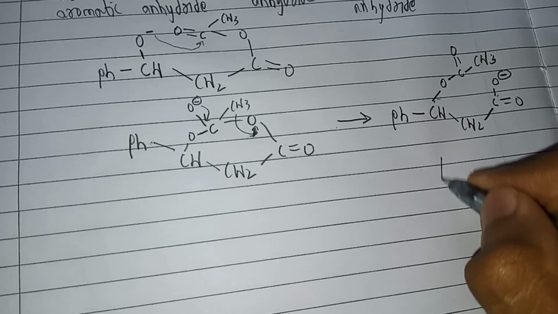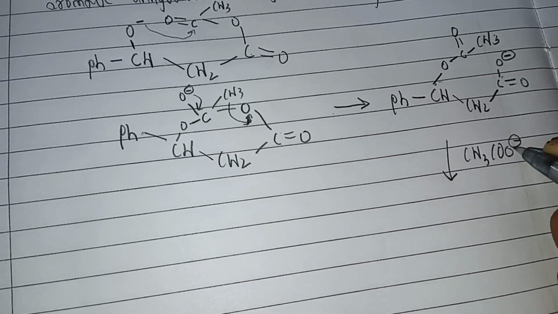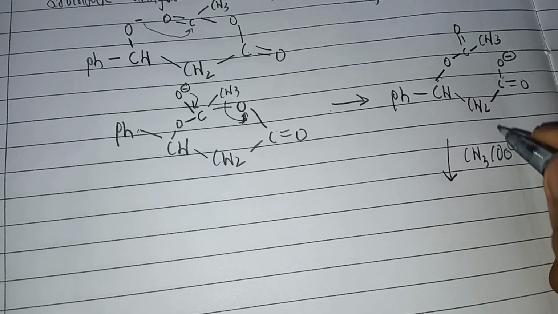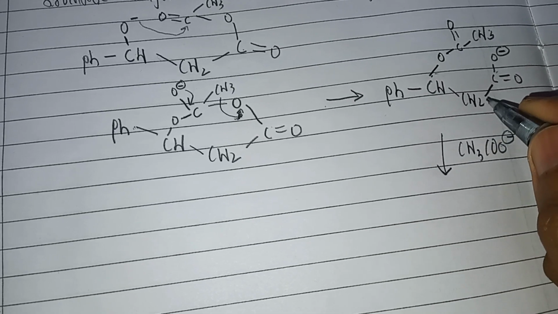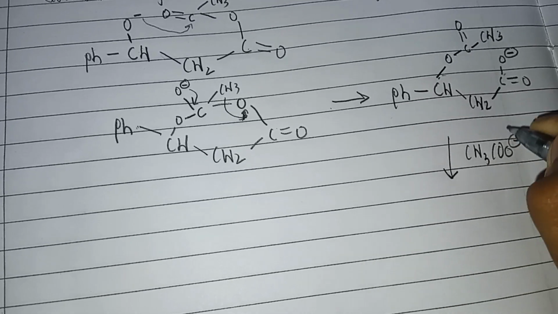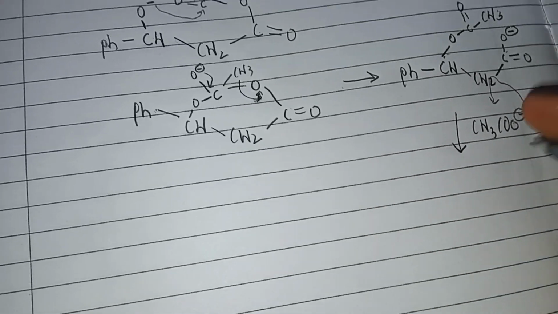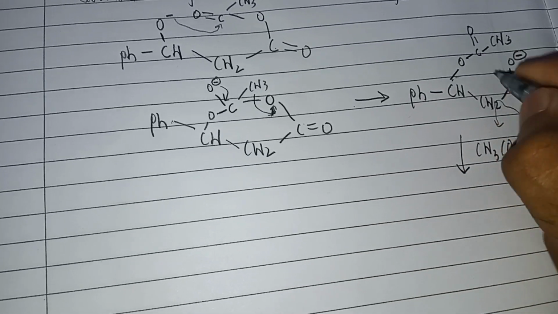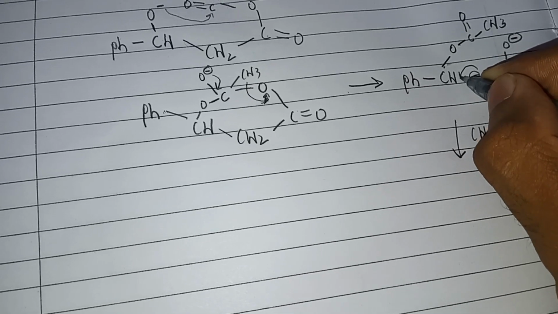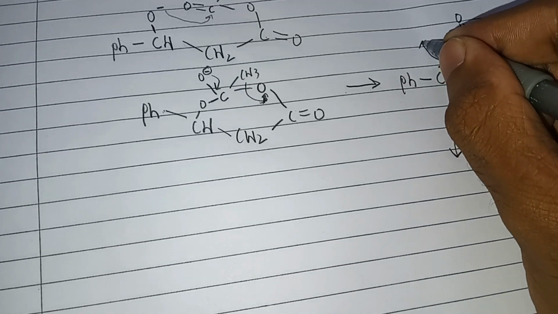Now also CH3COO minus attacks one more time to abstract the acidic hydrogen that is present here. So this acidic hydrogen would be abstracted by this, and you would get a negative charge here, and this negative charge would form a double bond here, and so this group will leave.